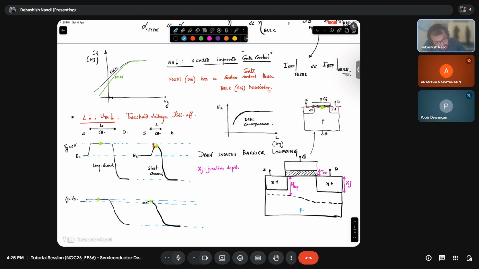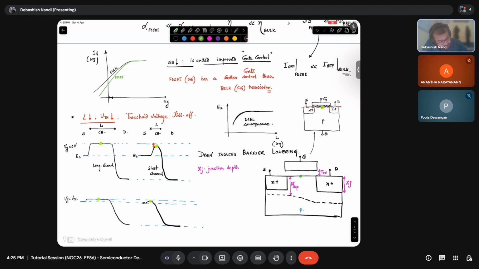Now, for simplicity, let me remove this. Understand that there is a capacitance. Now, let's say I have a node at this point.